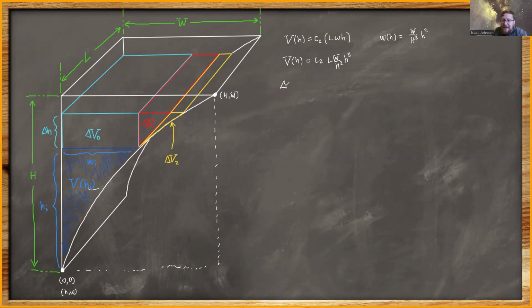It had to do with relating changes. So we found this change in volume, delta V. And we said, if you want to find the change in your amount of volume, you take the volume that you ended with, the final volume, and subtract off the volume that you started with.